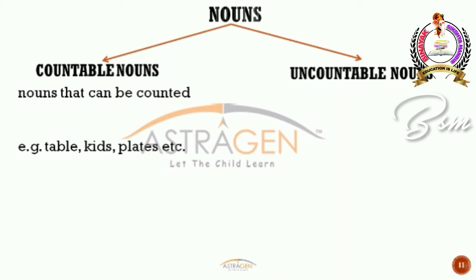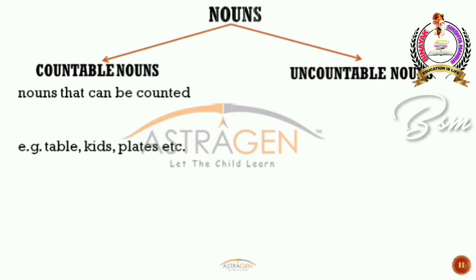So let's suppose you are in your school and you have to count the tables. Let's suppose you are in a classroom and you have some 30 members, or your class strength is 30. So how do you count the tables? You obviously count in numbers 1, 2, 3. So altogether you will be at least having 30 tables, right?